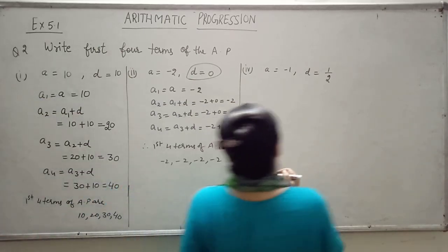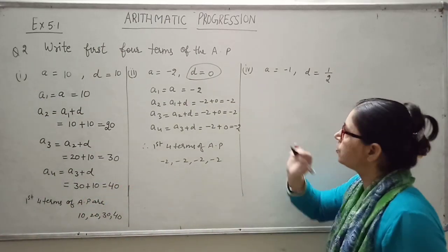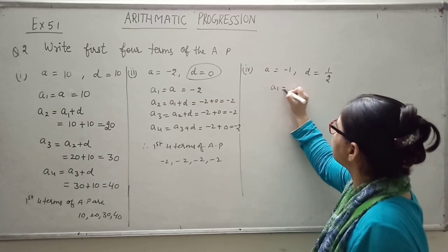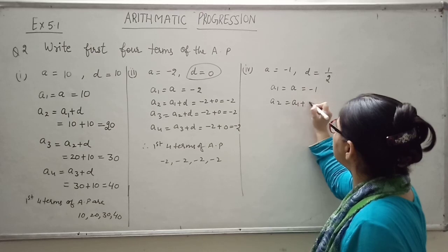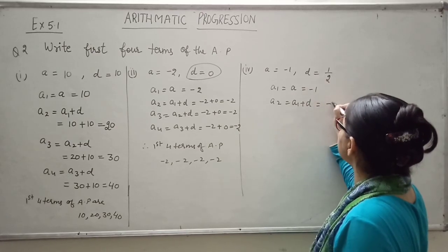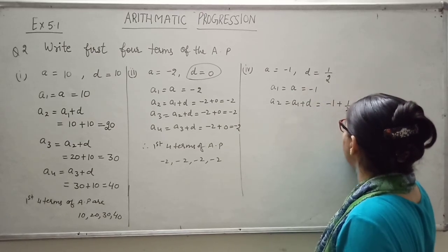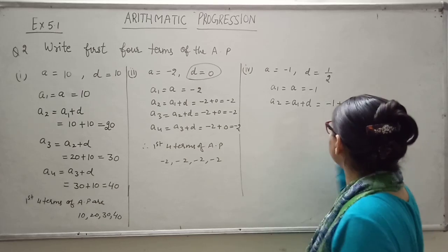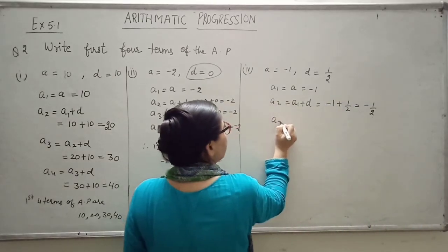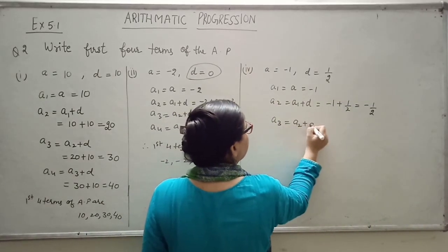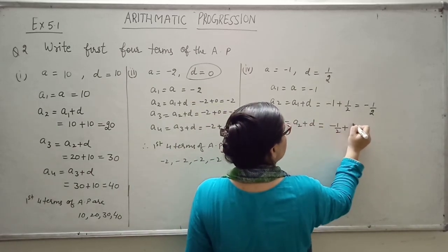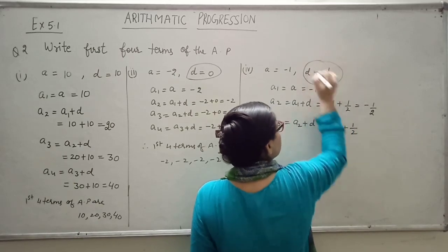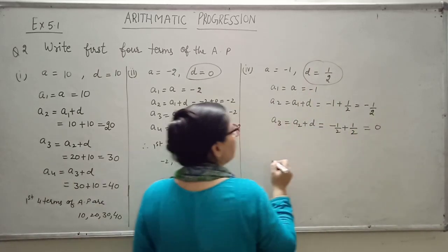Okay, so now come to the fourth part. The third part you have to do yourself. So now what is A1? That is minus 1. What is A2? A1 plus D. What is A1? That is minus 1 plus D, that is half. So it is minus 1 by 2. Now A3 is A2 plus D. What is your A2? Minus 1 by 2 plus D is 1 by 2. So this is 0.